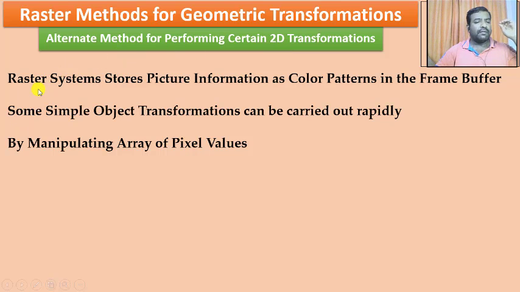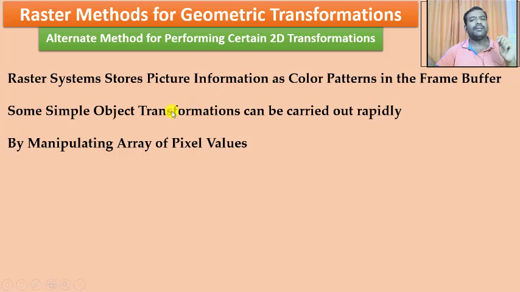Hence we are aware that the raster system stores the picture information, what you see on the display system, as color patterns in the frame buffer, which contains a set of pixels in the form of an array. So some simple object transformations can be carried out using the raster method, and it can be done rapidly compared with the geometric transformation using matrices or the homogeneous coordinate system.